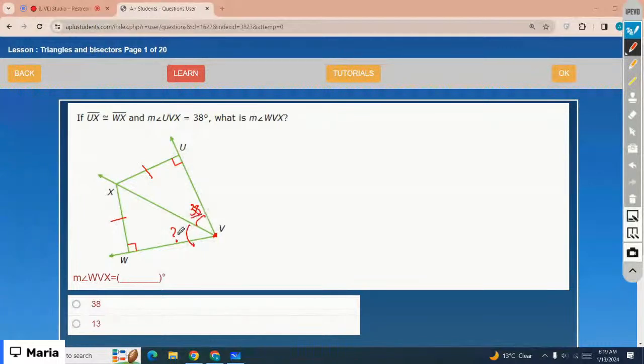So if this is 38, this is also 38 degrees. The perpendicular bisector VX divides this angle into half. So if UVX is 38 degrees, then WVX is also 38 degrees. The correct option is 38 degrees. Got it?